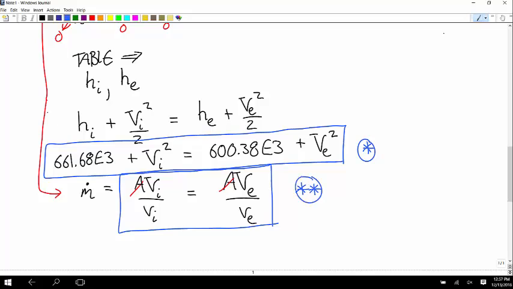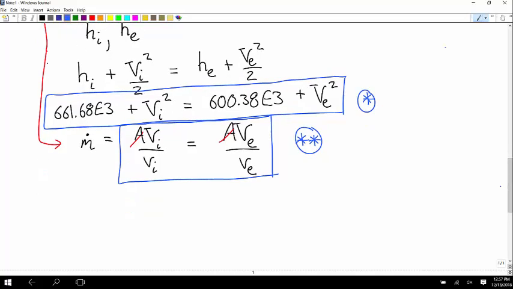Okay, so what can we say here? This one tells us that V at the inlet is equal to specific volume at the inlet times the speed at the exit divided by specific volume at the exit. That ideal gas table, does it give this specific volume or do we have to calculate that?